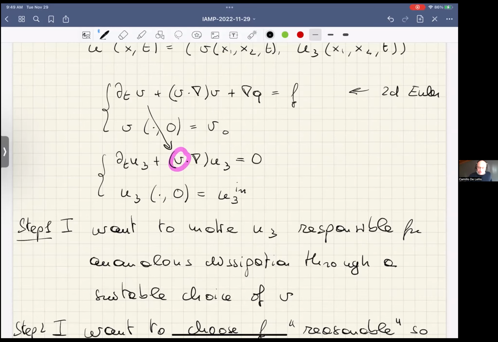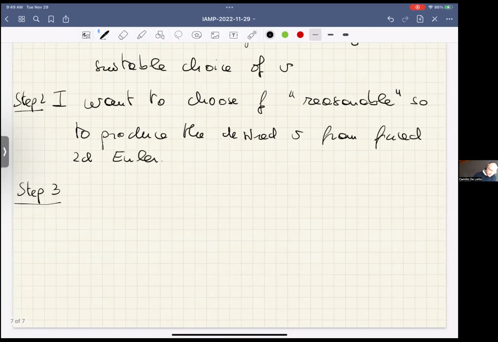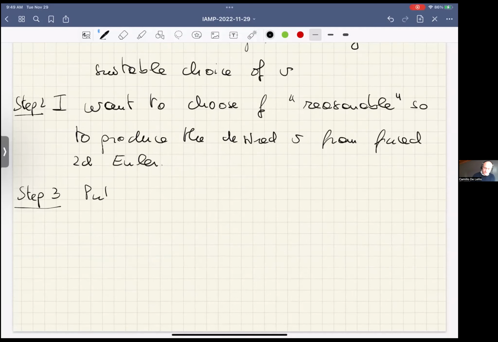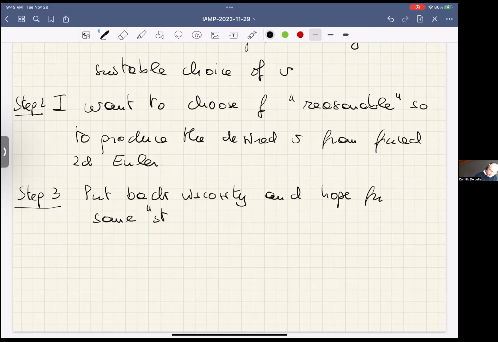It's still problematic. So it still gives you quite a bit of problems. So put back viscosity and hope for some sort of stability of V and U3, but in fact, it's not that easy.